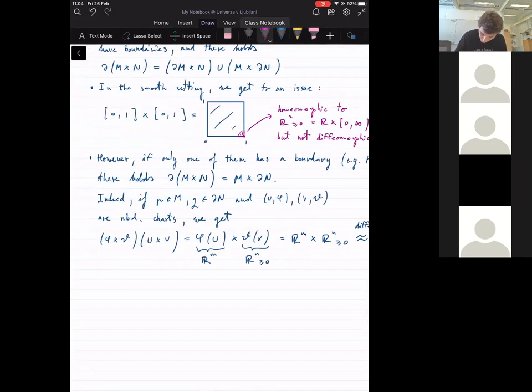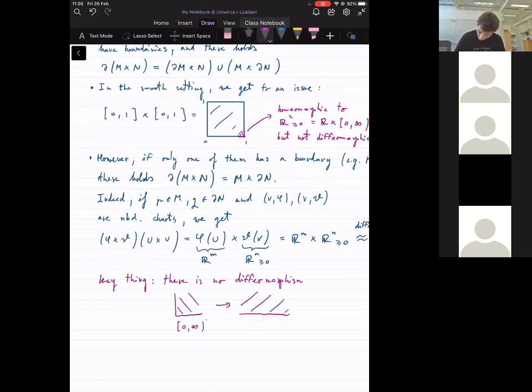The key thing is there is no diffeomorphism that takes you from this space into this space, right? So this is where the problem of manifolds with corners is.